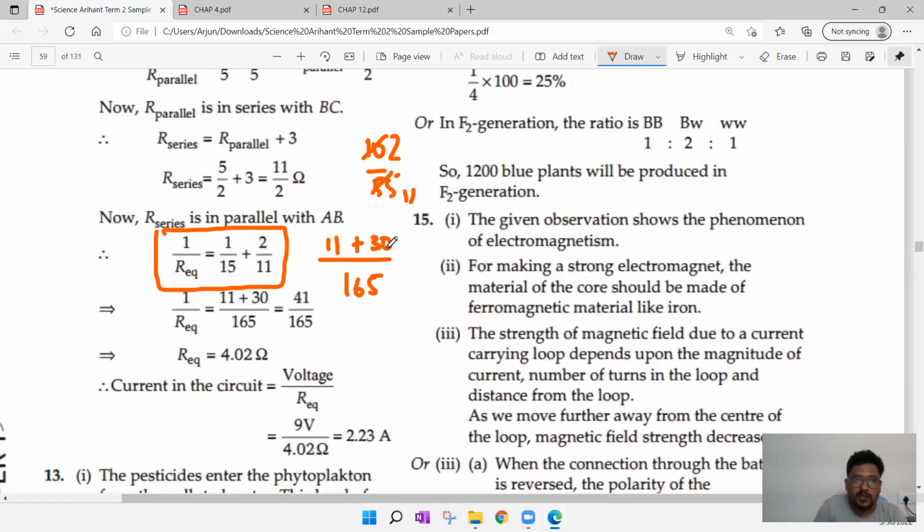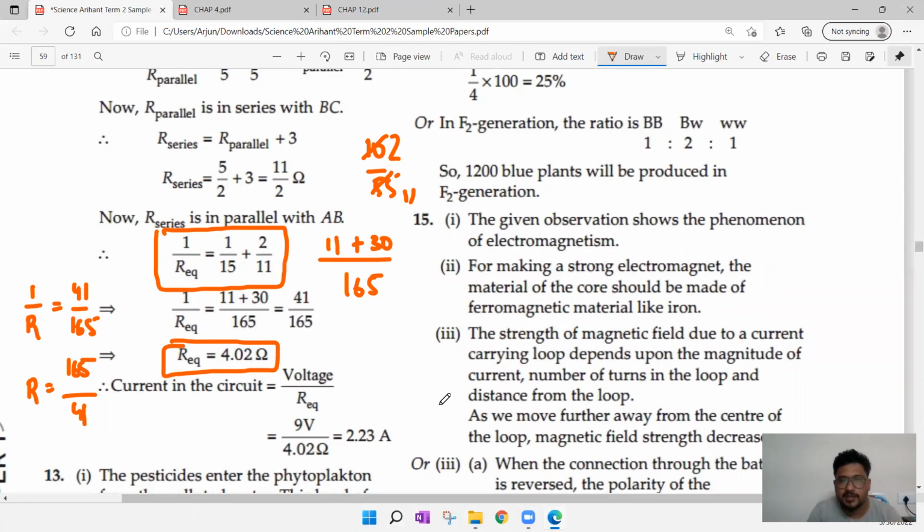That's right. 11 plus 30 is 41. 41 by 165. You see, 1 by R is equal to 41 by 165. We don't want 1 by R value, we need R value. R is equal to 165 by 41. Of course we will be getting R is equal to 4.02 ohm. There is no option, you have to solve it in your examination.